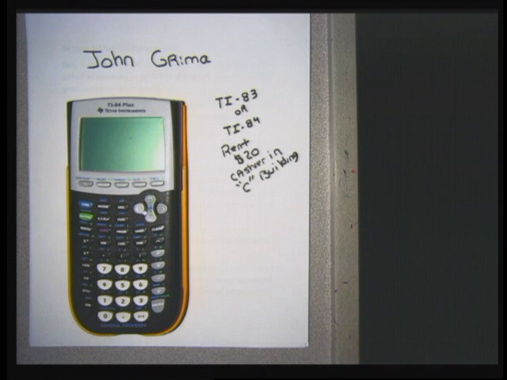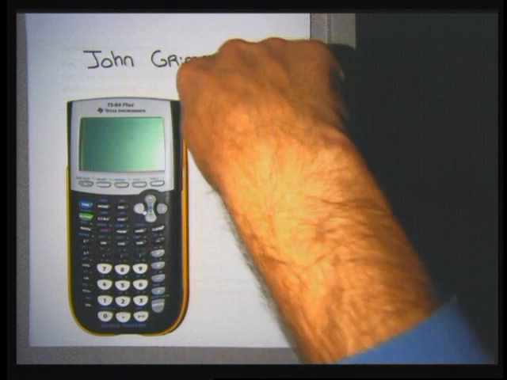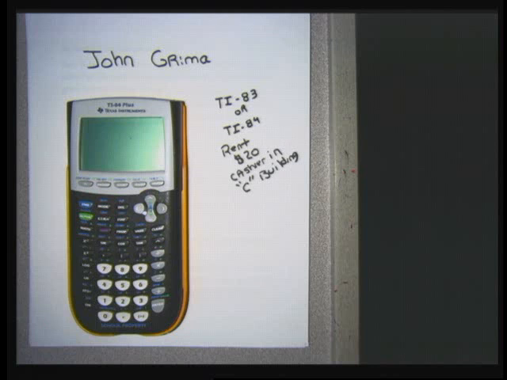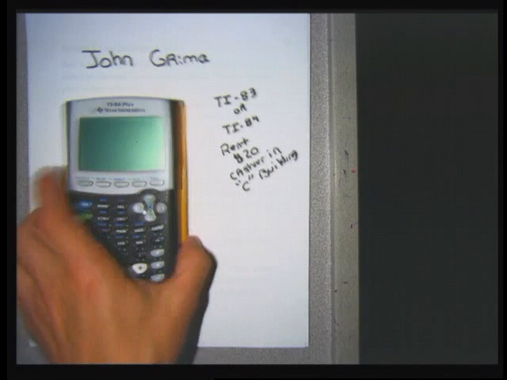Just in case you haven't been to my website, I'm going to show you how to get to my website. There's always a link on Canvas to my website, and if you don't want to go through Canvas, you can just type my name on Google, and I think I'm the first name that comes up.